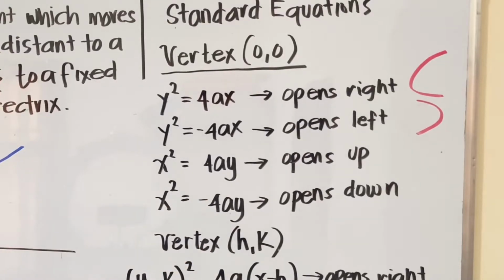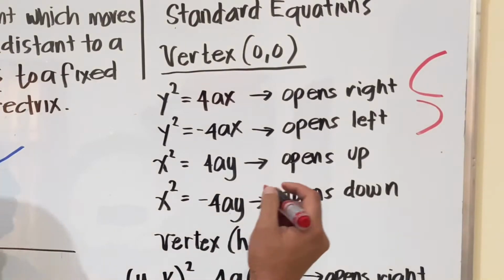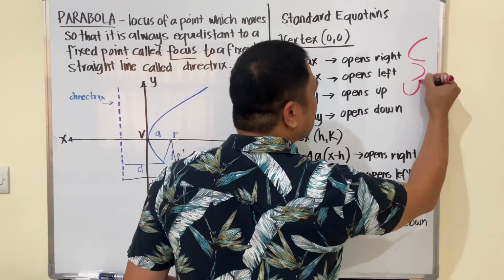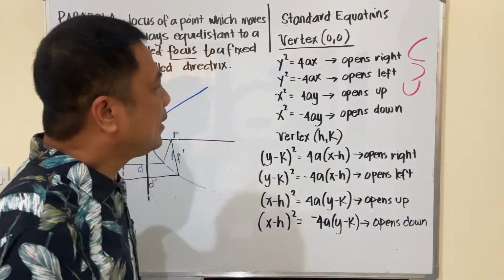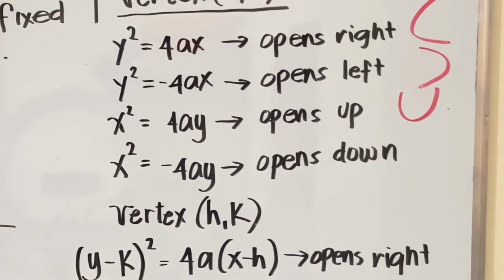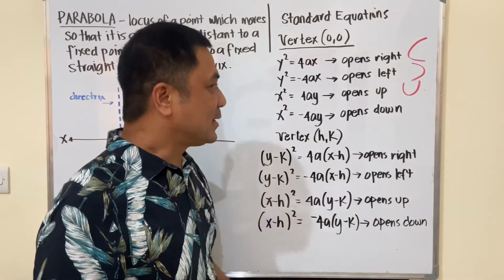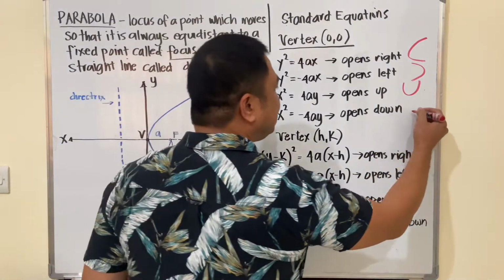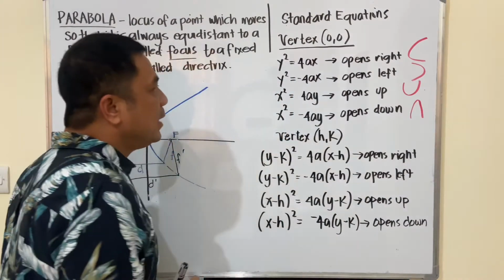That means your parabola is opening up. And you have another one here, x squared is equal to negative 4ay. That means your parabola opens down.